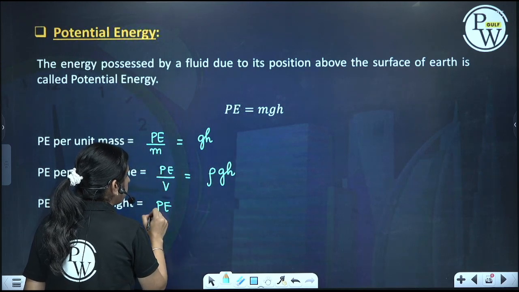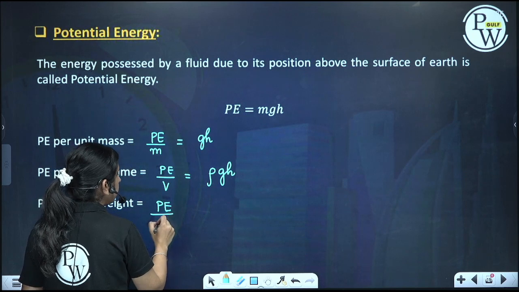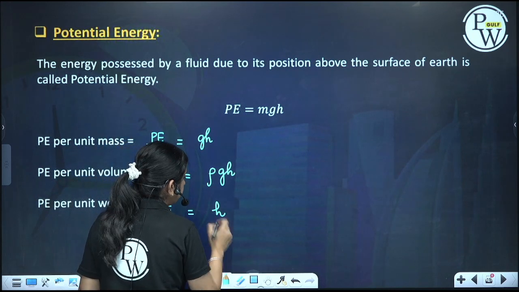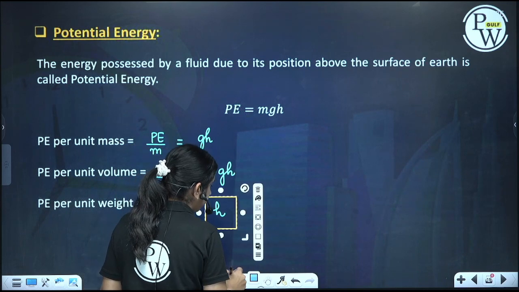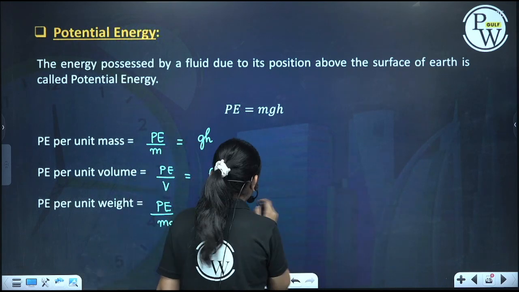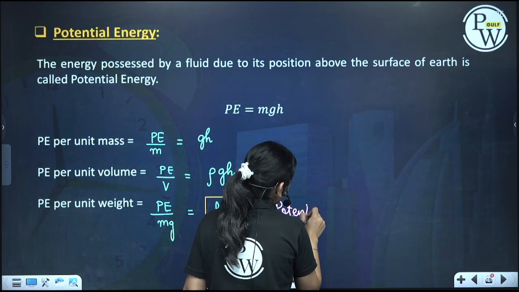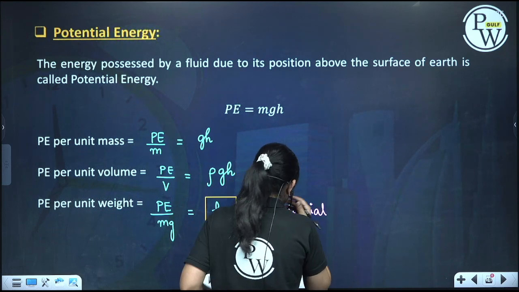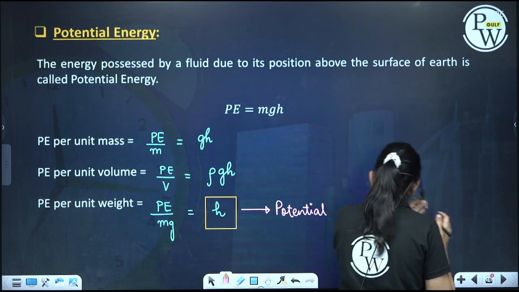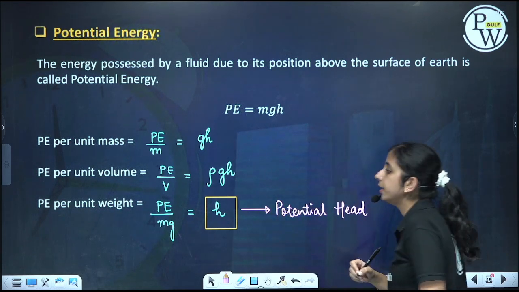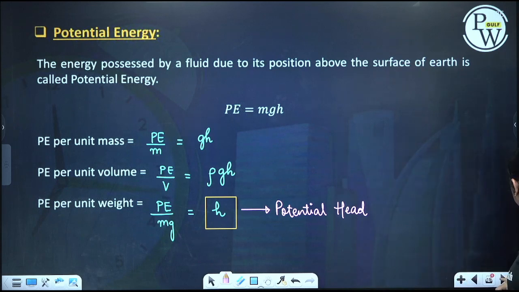And if we want to calculate potential energy per unit weight, it will be simply h, and this is called potential head.